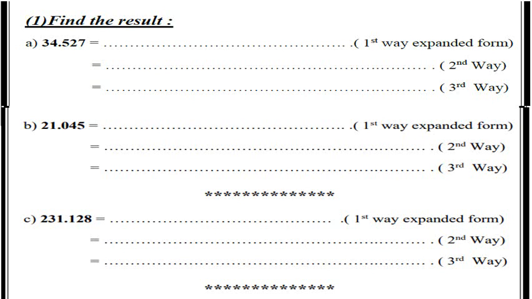So 34, which means 30 plus 4, and 0.527. Here the 5 is under the tenths place, which means plus 0.5. The 2 is under the hundredths place, which means 0.02. The 7 is under the thousandths place, which means 0.007.